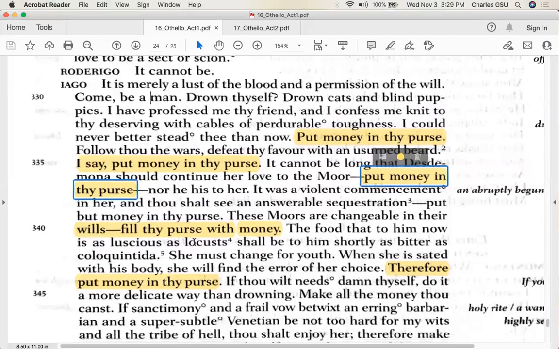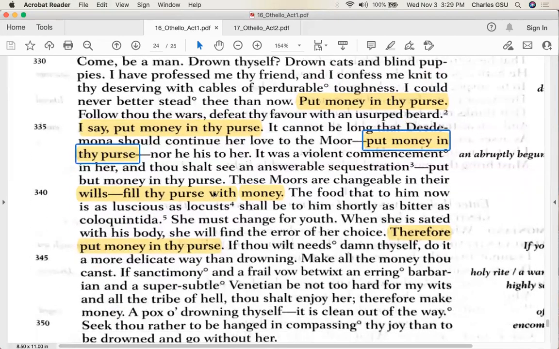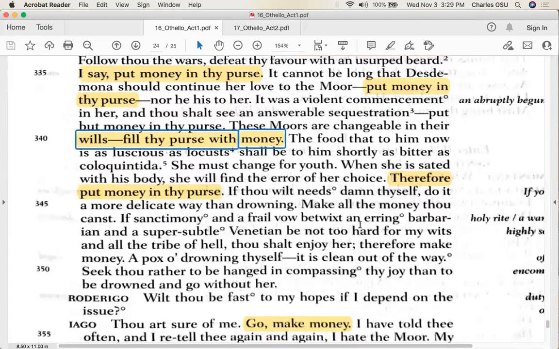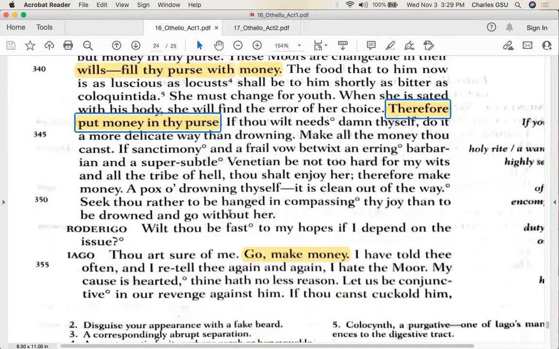And the reason he's doing this is because Roderigo is giving money, his own money, whether jewels or property or actual cash, coin, to Iago, so that in turn, Iago can give the money to Desdemona and say, hey, this comes from Roderigo. He wants to be your suitor, right? He's basically trying to ply Desdemona with all these gifts to get on her good side, so to speak. So therefore, put money in thy purse, and give it to me, is what he's saying.